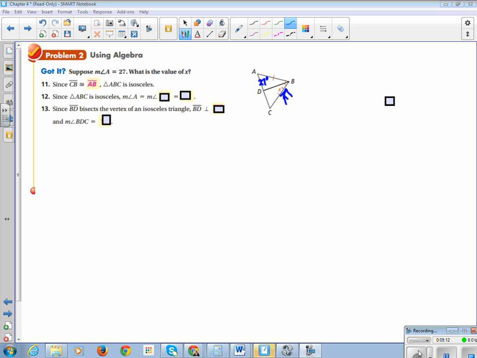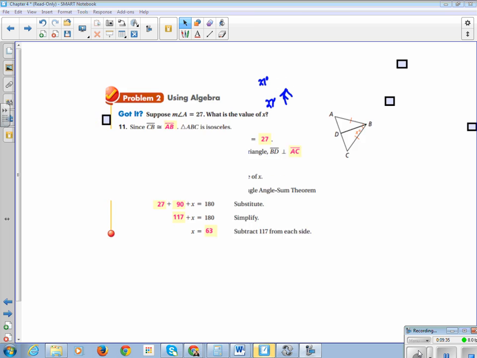C. Hex to the yes. So we can say that C is 27 degrees. Yay, we're getting somewhere. And since BD bisects the vertex of isosceles triangle, BD is perpendicular to AC.